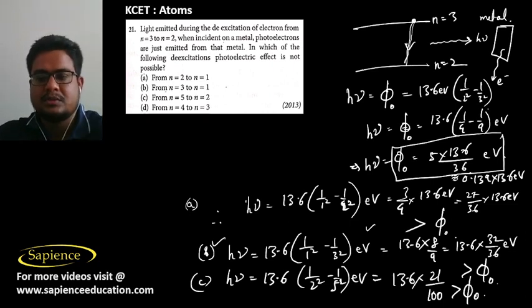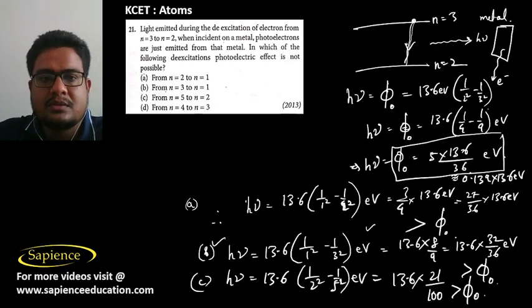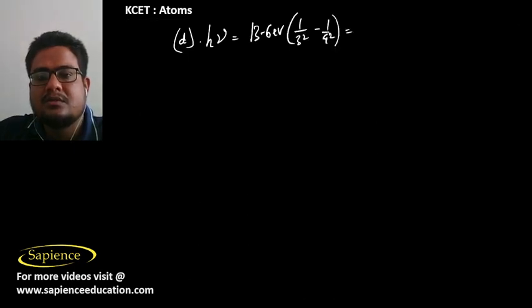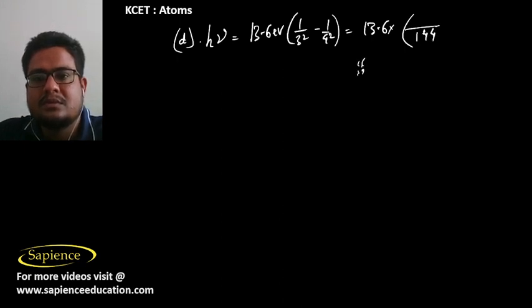And option D is going from n equal to 4 to n equal to 3. So here the energy of the photon is 13.6 electron volt into (1 by 3 square minus 1 by 4 square), which is (16 minus 9) by 144, that is 7 by 144 into 13.6.